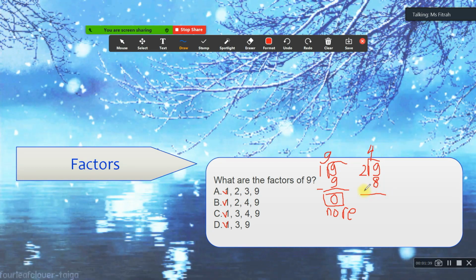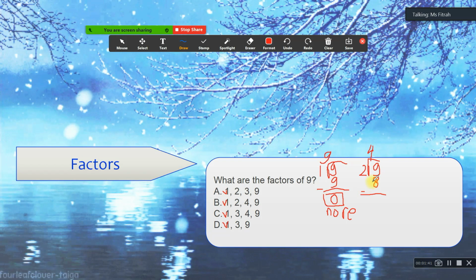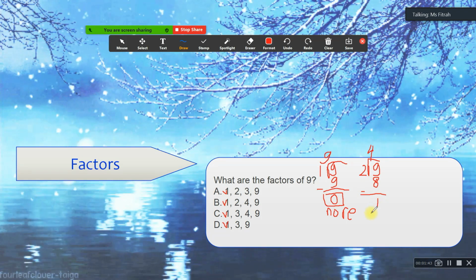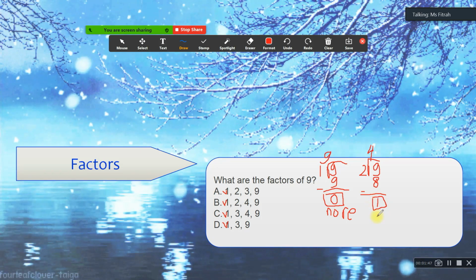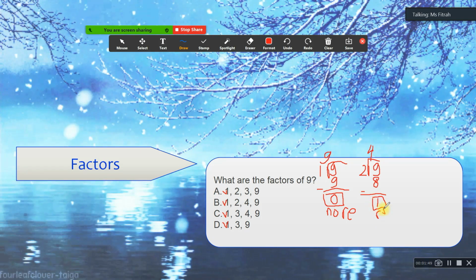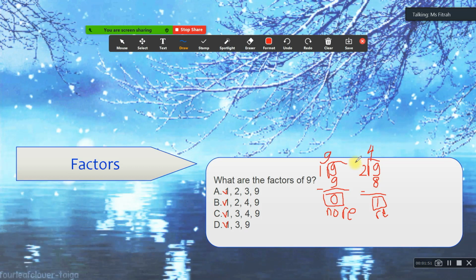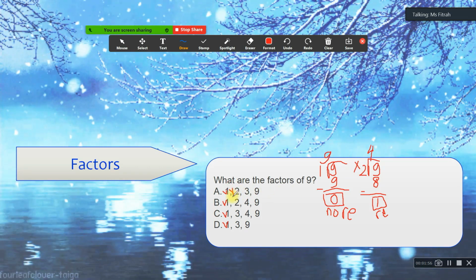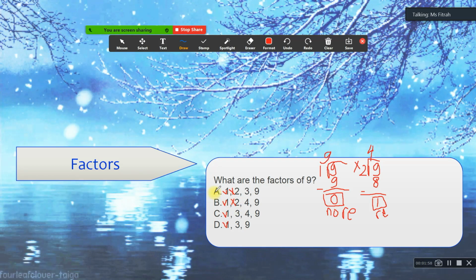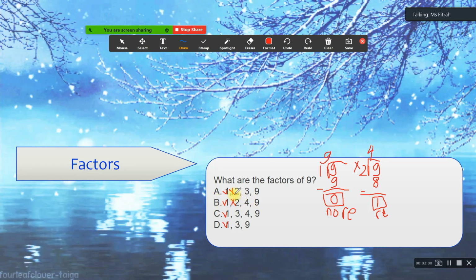And we can subtract. 9 minus 8 becomes 1. Look at this, this is the remainder. So 2 is not a factor of 9, so we can delete it. So A and B are not the answer.